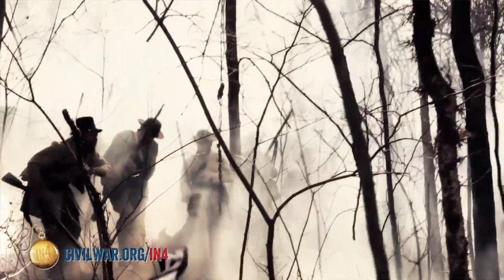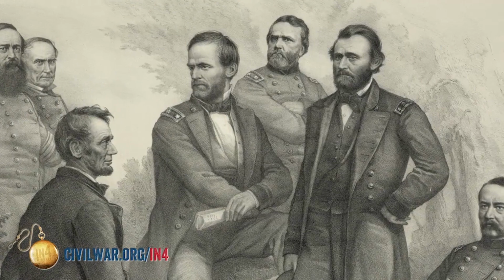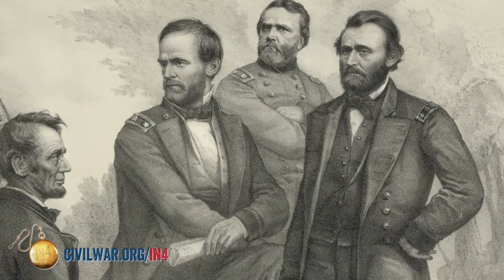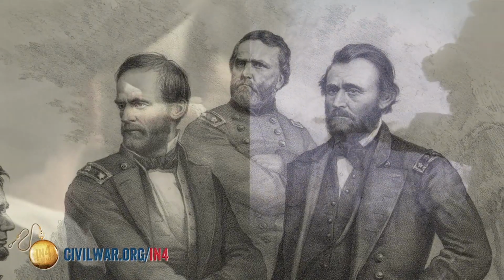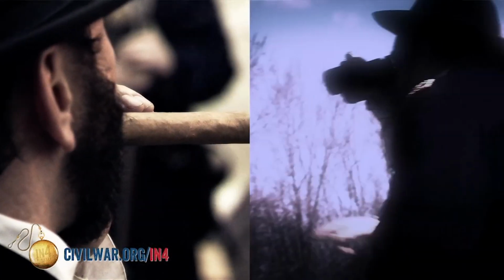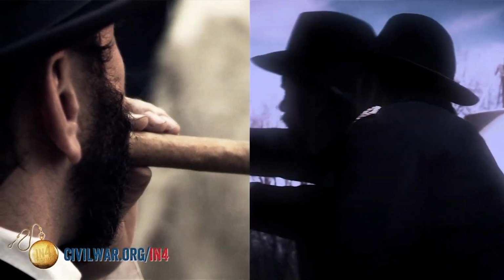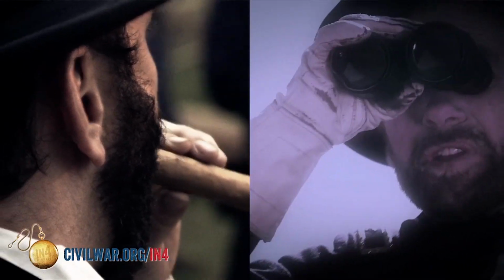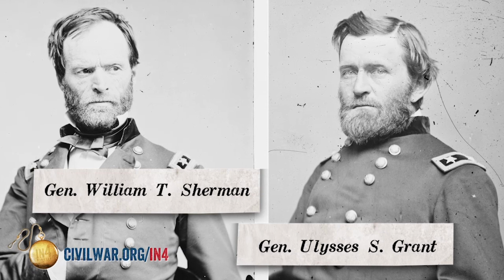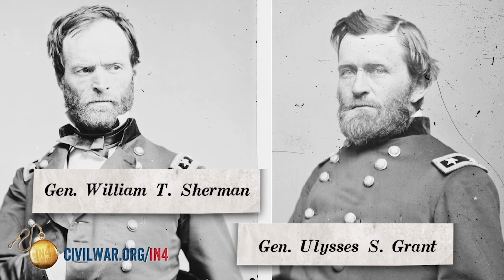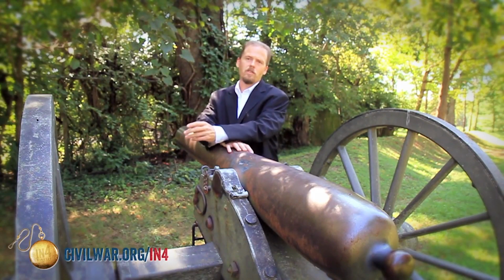But Shiloh also allows 2 characters to ultimately survive and rise up and have a major impact in the ultimate Union victory, which is Ulysses S. Grant and William Tecumseh Sherman. Without those 2, victory by Union forces I think is much more questionable. Plus, you also have great strategic victories.